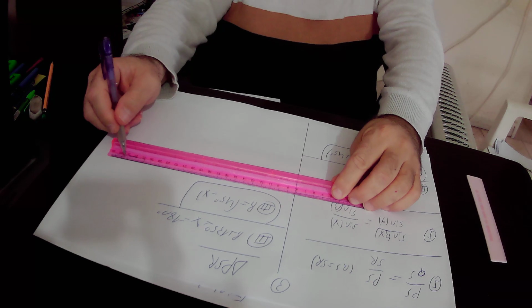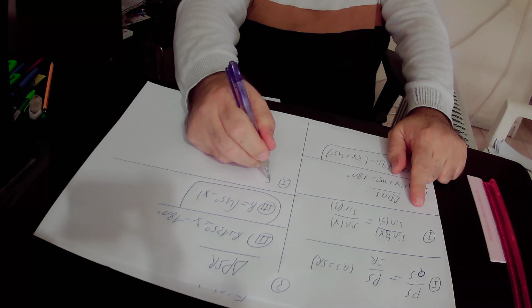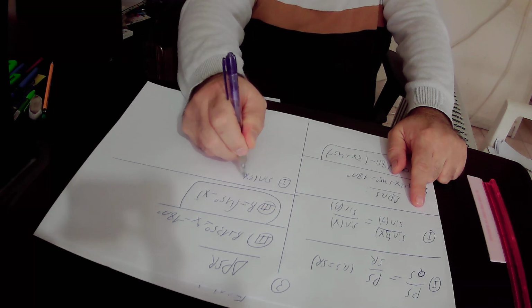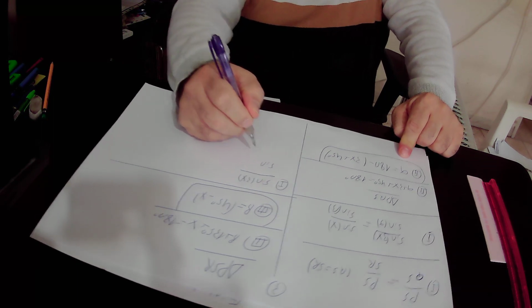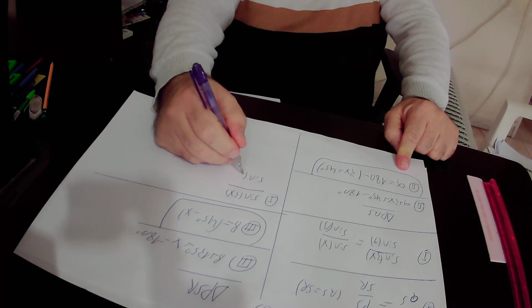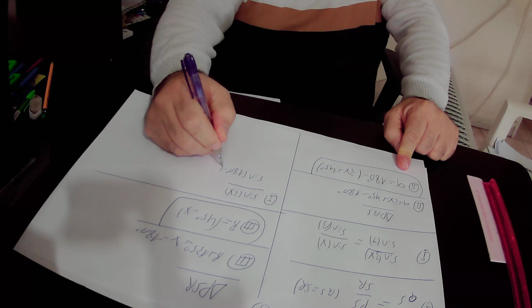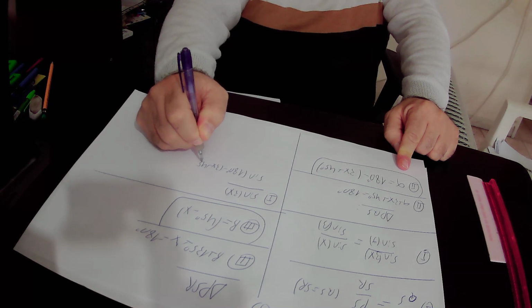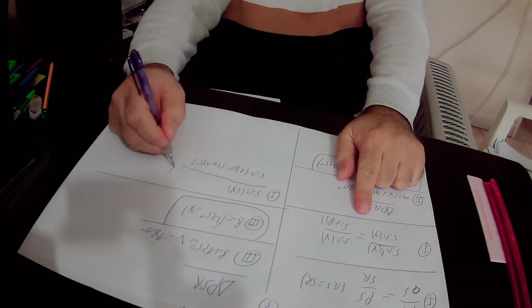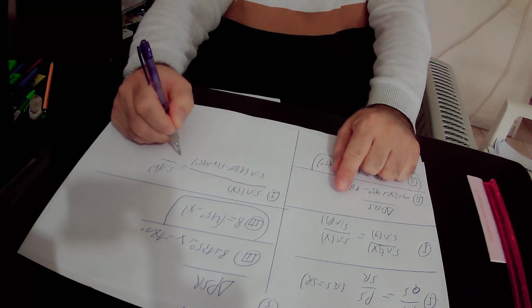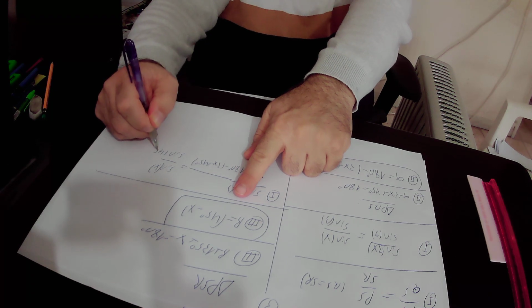So we will do it now, and we will get that according to equation number 1, sine 3x over sine alpha, and alpha equals, according to equation number 2, 180 degrees minus (3x plus 45 degrees), equals sine x over sine beta, and beta equals 45 degrees minus x according to equation number 3.